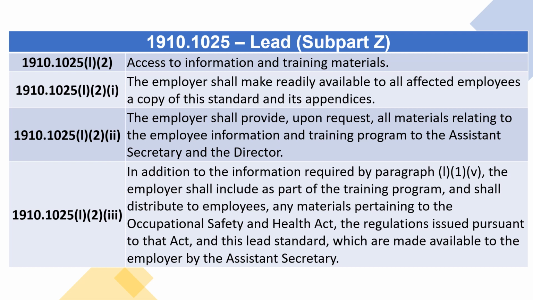In addition to the information required by paragraph (l)(1)(v), the employer shall include as part of the training program, and shall distribute to employees, any materials pertaining to the Occupational Safety and Health Act, the regulations issued pursuant to that Act, and this lead standard, which are made available to the employer by the Assistant Secretary.